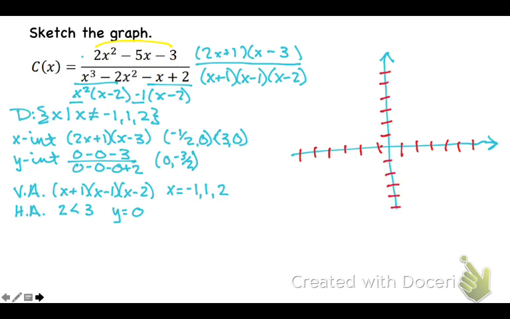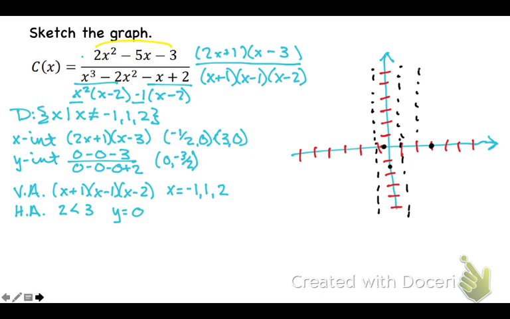Now remember, these are just sketches, so you just have to be close, not right on or anything like that. Okay, so we have an x-intercept at negative 1/2, and at 3, we have a y-intercept at 0, negative 3/2, and then we have vertical asymptotes at negative 1, 1, and 2.